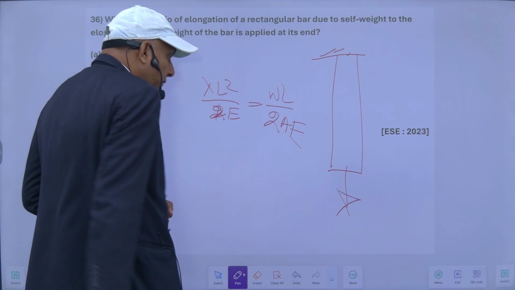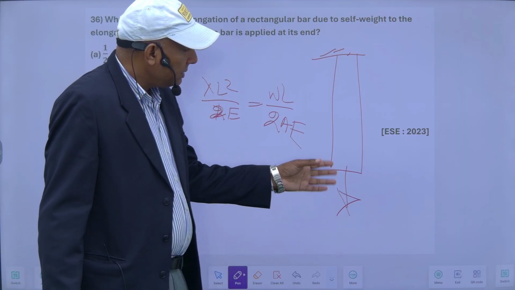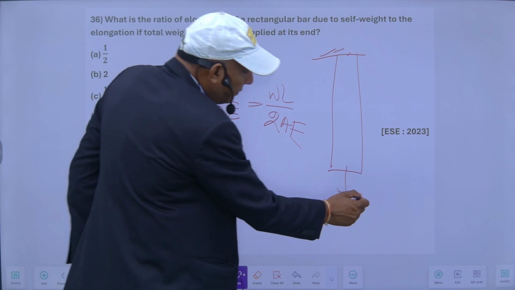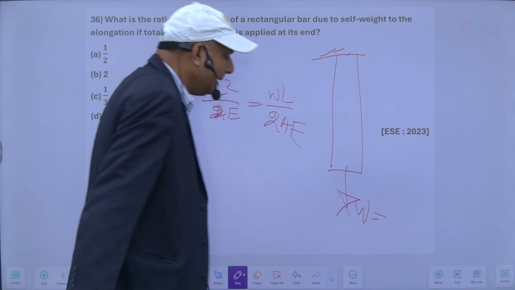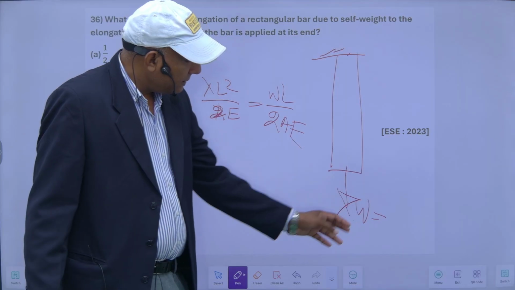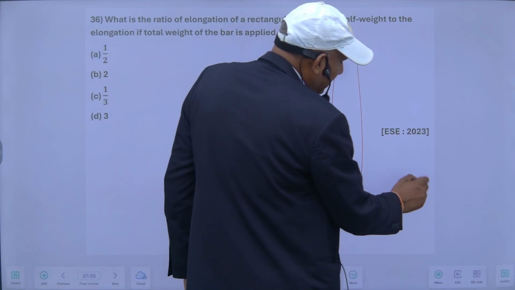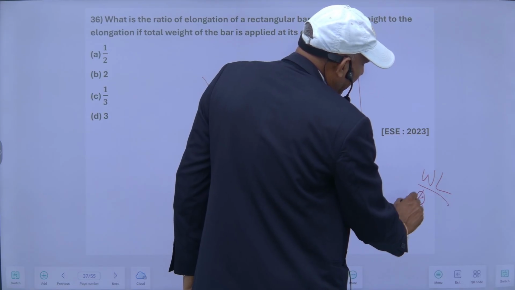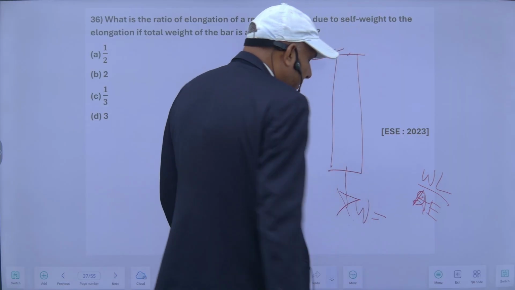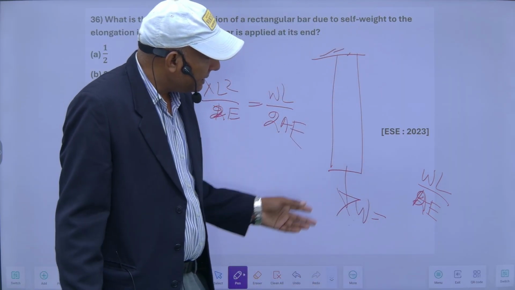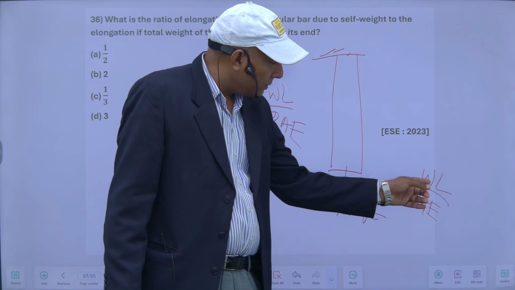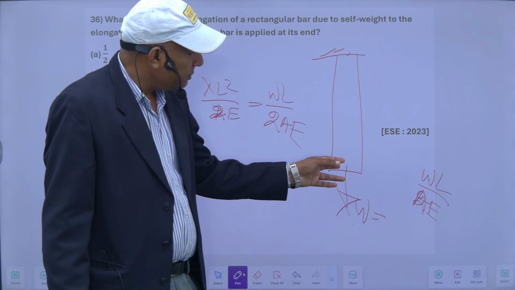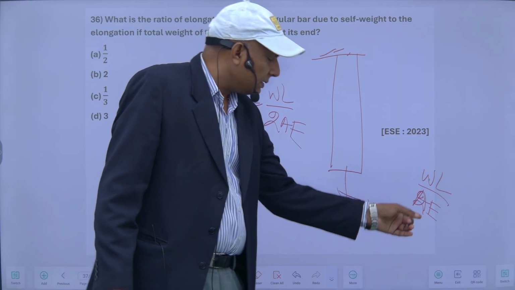So when you apply a W weight as an external load, its deflection is WL upon AE. So if its self weight is equal to this external applied load, then the displacement will be equal to half of this one.